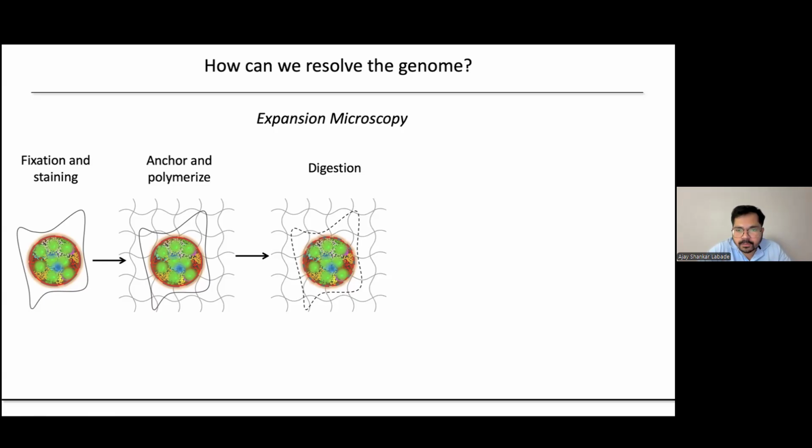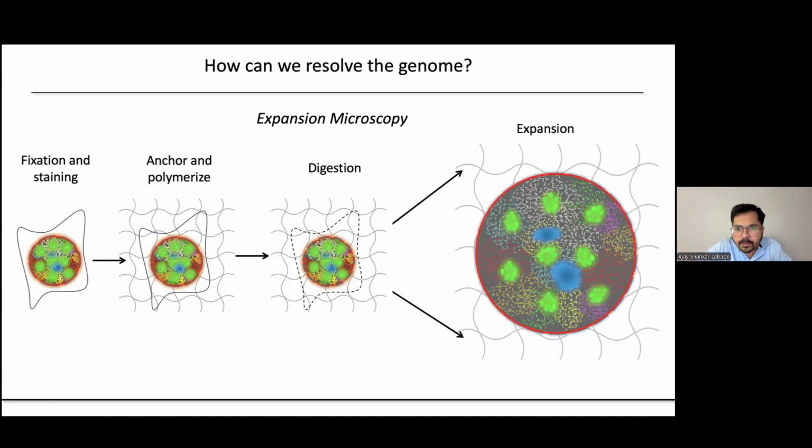Therefore, we have to chop the protein into smaller peptides, and that is what we do in digestion using an enzyme called proteinase K. And one of the best properties of this gel, as we all know, is that when we put this gel in plain water, this gel is made up of sodium acrylate. The sodium ions repel each other as soon as the gel is put into the water, and because of this repulsive force, it expands isotropically along with the protein moieties.